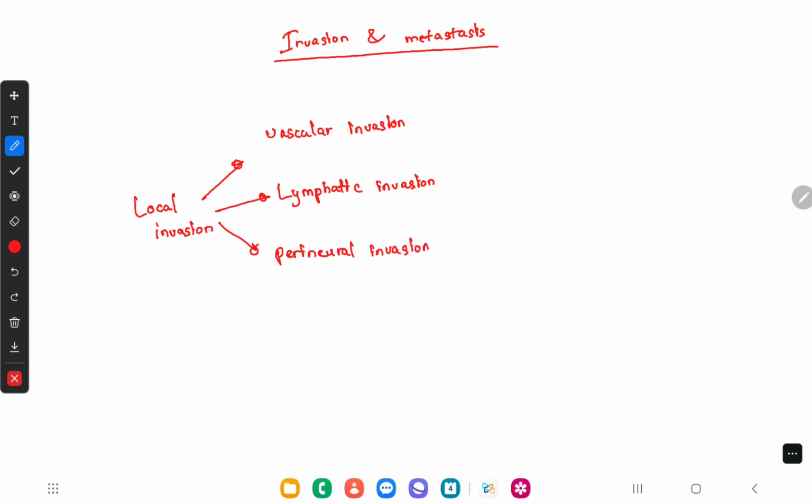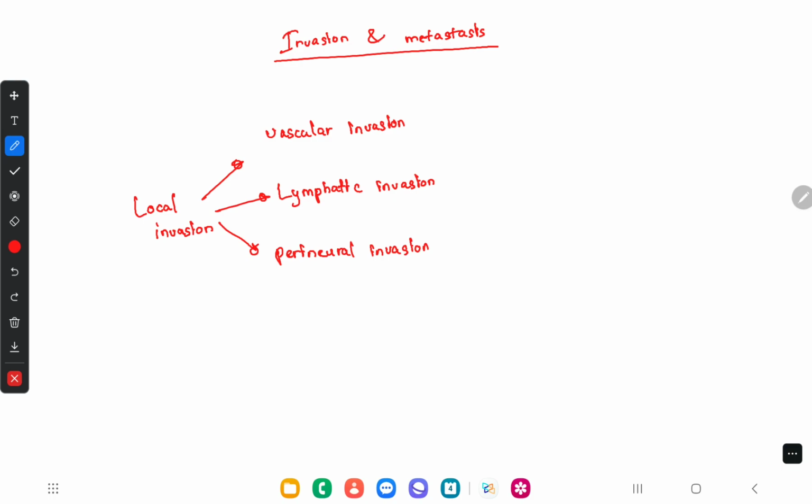Vascular invasion means the tumor invades into the blood vessels. Lymphatic invasion means the tumor invades lymph nodes and lymphatic vessels. Perineural invasion means the tumor cells invade nerve cells.